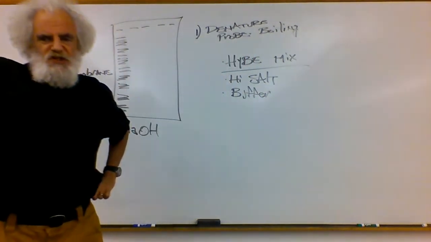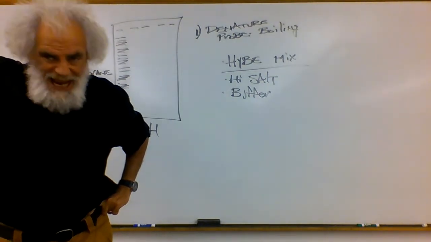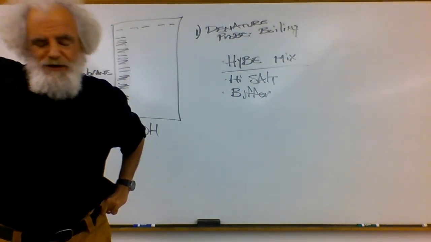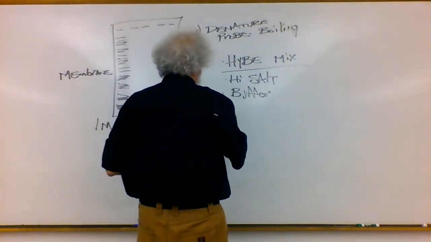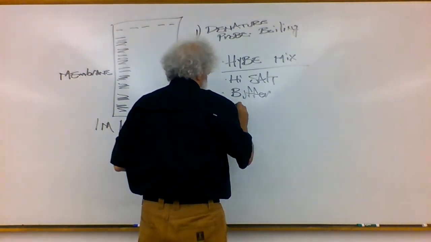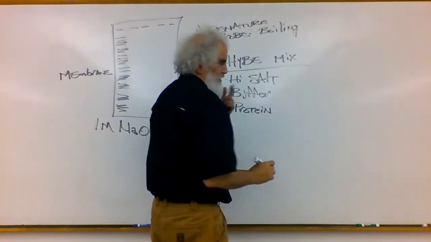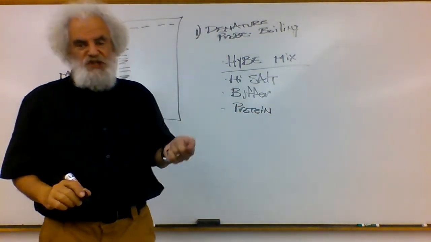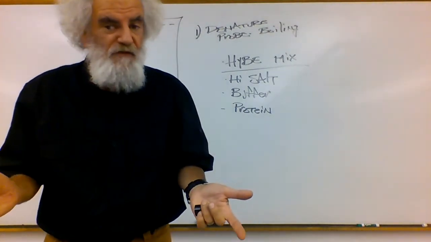There's a solution known as saline sodium citrate, or also known as SSC, and that typically is what you generate your hybe mix in. Often, or most times, also you'll have things like some kind of protein mix. It could very easily be bovine serum albumin or just powdered milk, non-fat dried milk.